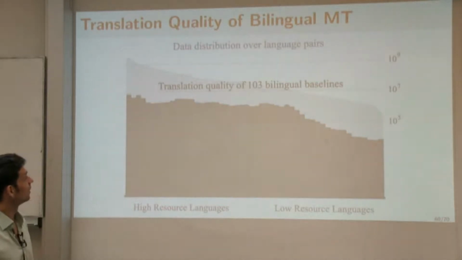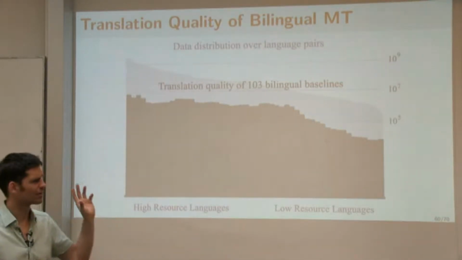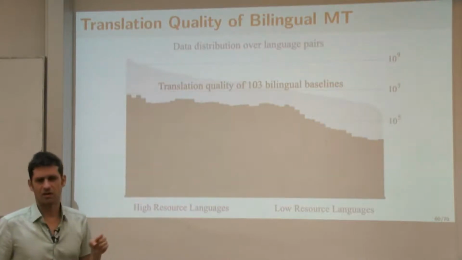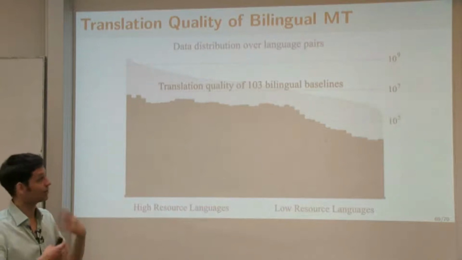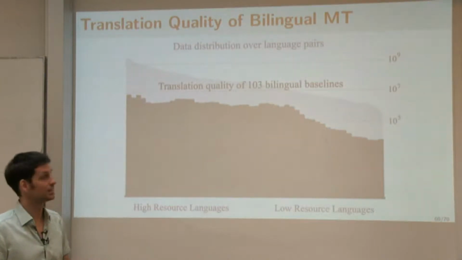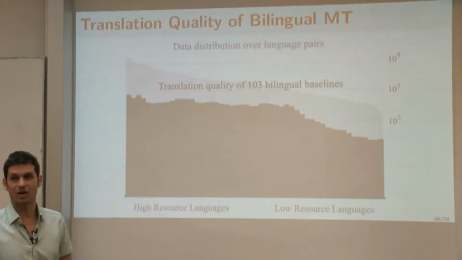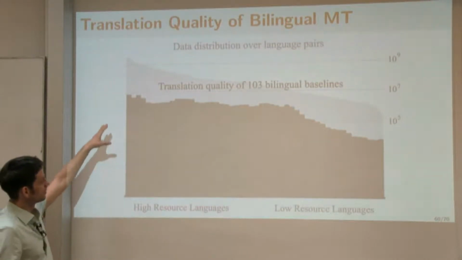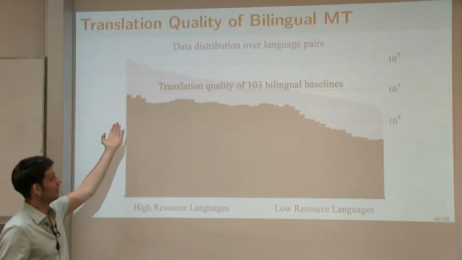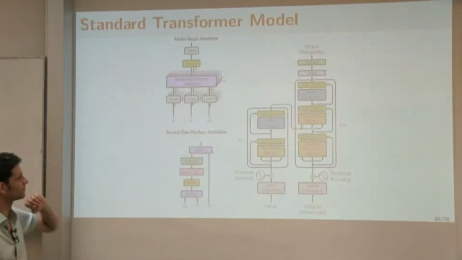And if you look at the translation quality baselines, I don't know how exactly they measured this, because the BLEU scores are not comparable across languages, so there should probably be some human judgments behind this. The natural thing to expect, and the natural thing that we really see, is that the translation quality is better for the higher resource languages than for the lower resource languages.